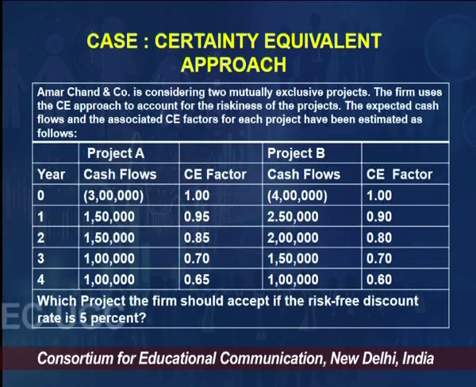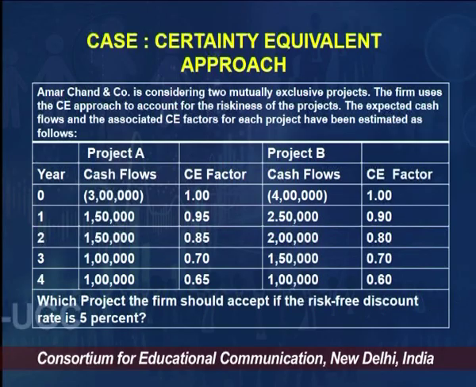And the certainty equivalent factor is 1 for today, of course. Then we have 90%, 80%, 70% and 60%. And the question is which project proposal should be accepted by the firm, on the basis of the certainty equivalent approach.